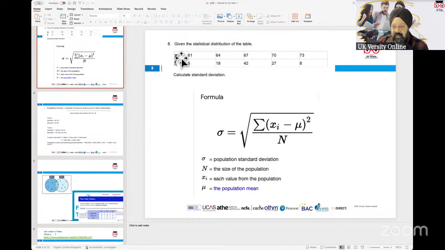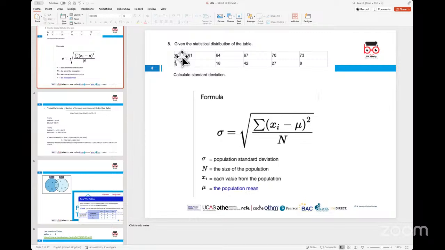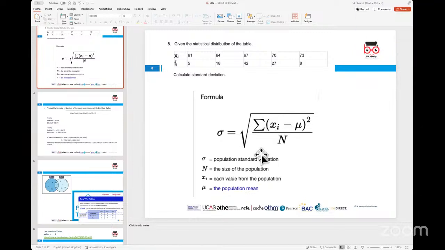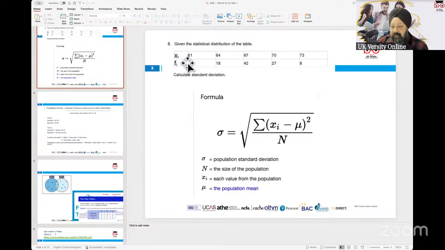Now, you can see xi is clearly given here. So for xi, which is each value of the population, first and foremost, you will total all the xi's up: 61 plus 64, 67, 70, 73. That will become the value here. Now, when I look at fi, this is basically the size of the population, and we will relate it to mu.